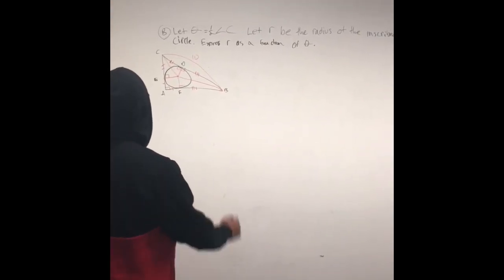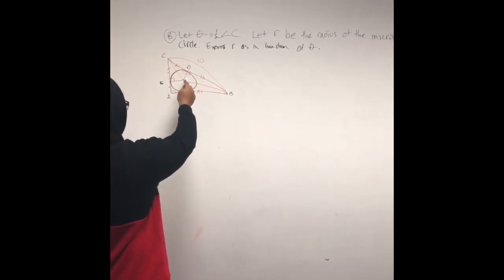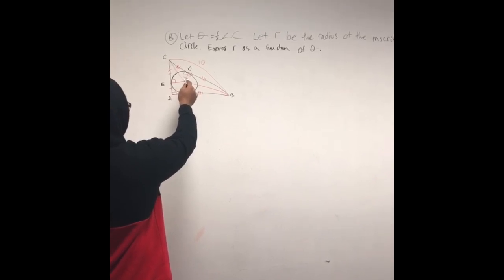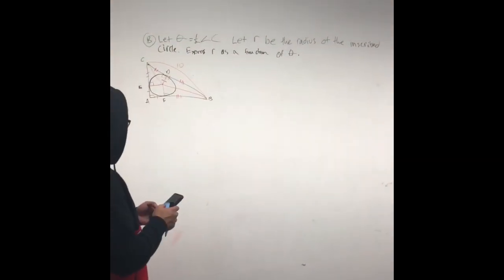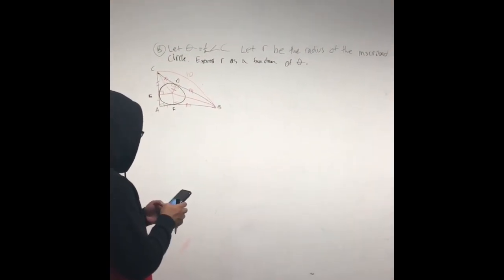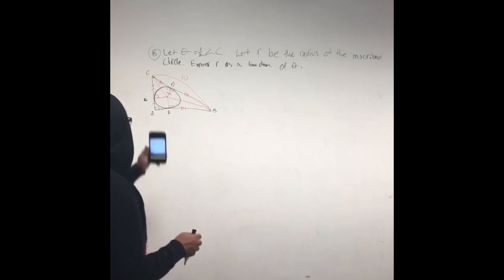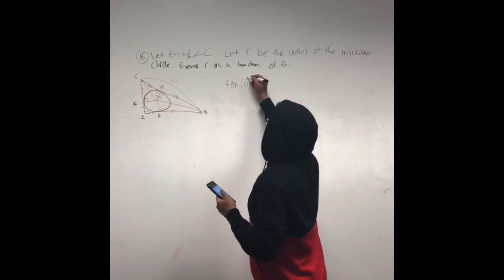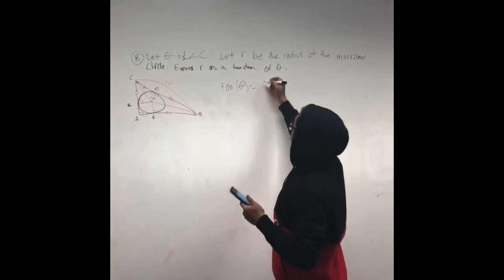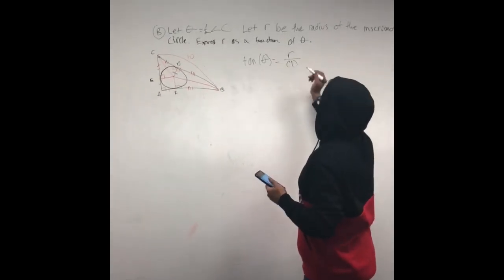The simplest thing would be to look at side CD and use this triangle because it has our radius right here, as well as the angle we are trying to use right over here. So as we know from our last equation, we know what CD equals, but now we want to write this as a tangent equation because our tangent of theta is going to equal our r, which is our opposite, and our adjacent being the point CD.